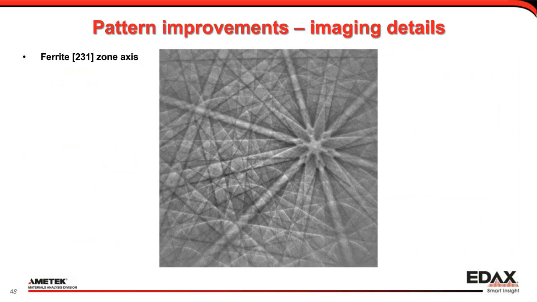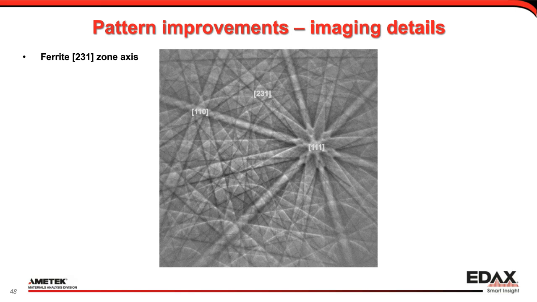Now, let's take a closer look at some of these patterns. You can, of course, just zoom in, but there is a finite number of pixels. What you can also do is just retract the detector a little bit. So in this case, there's the indexing. I just put a few zone axes on.